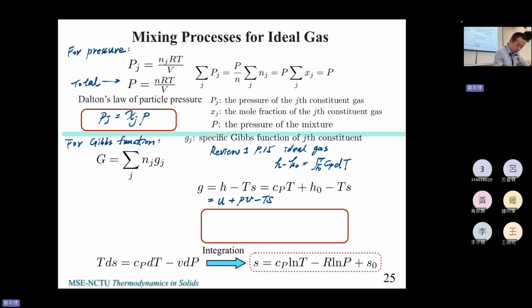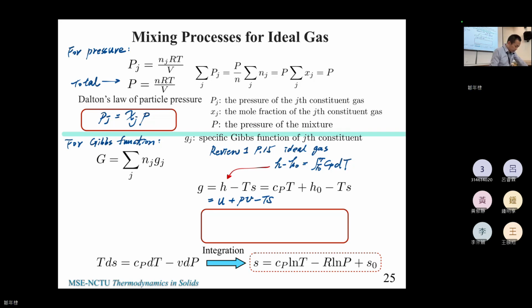So you can substitute here, and you will notice that U plus PV is H, equal to the Cp integration plus H naught. So that's how we obtain this.